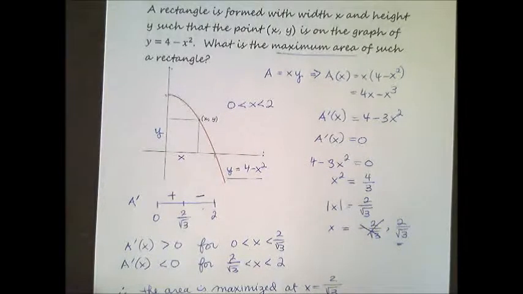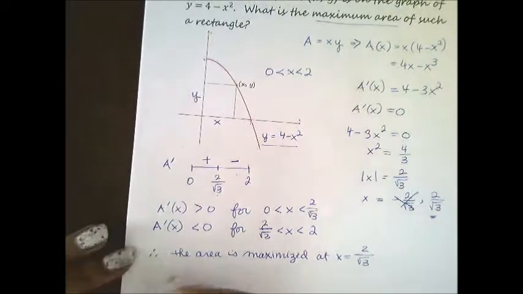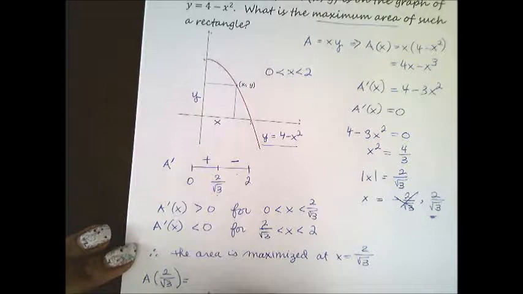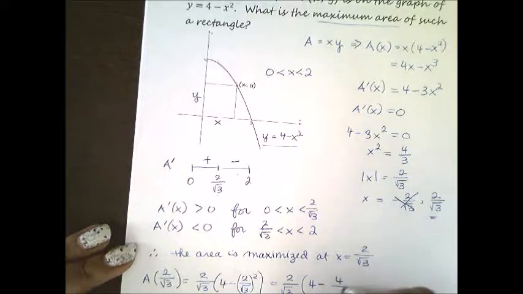Now go back up. They want the actual area. I haven't actually found that. I just found out where it occurs. Okay. So the actual area, A of 2 divided by the square root of 3, would be equal to, there's my area function, 2 divided by the square root of 3 times 4 minus 2 divided by the square root of 3 squared, or 2 divided by the square root of 3 times 4 minus 4 over 3. 12 minus 4 is 8.